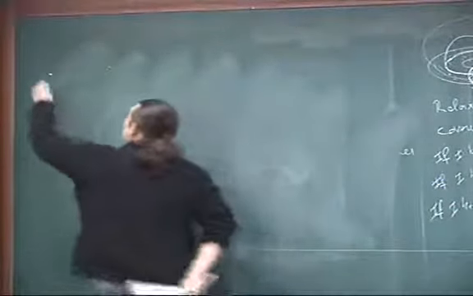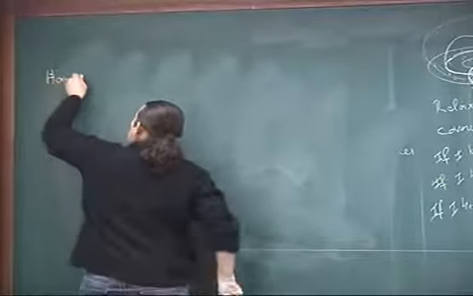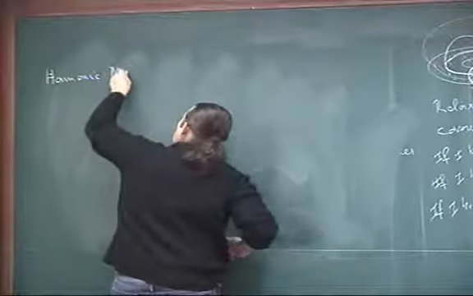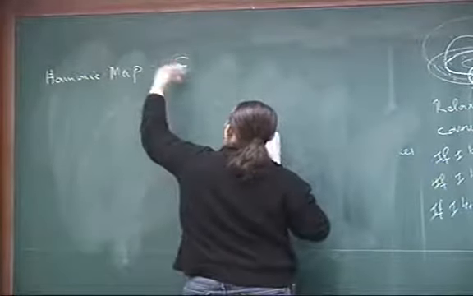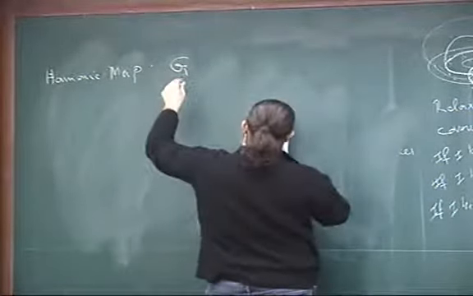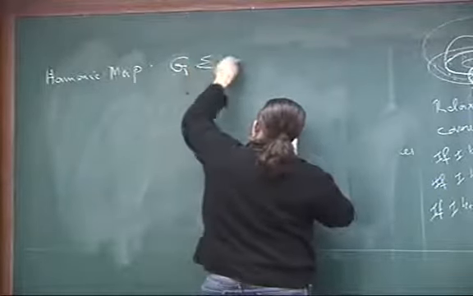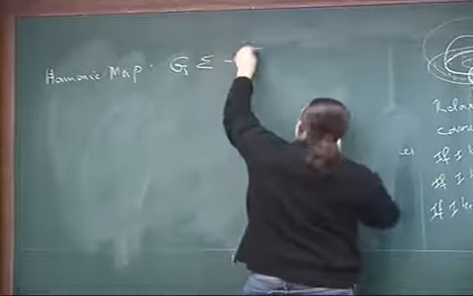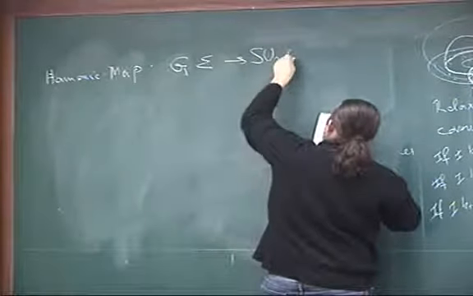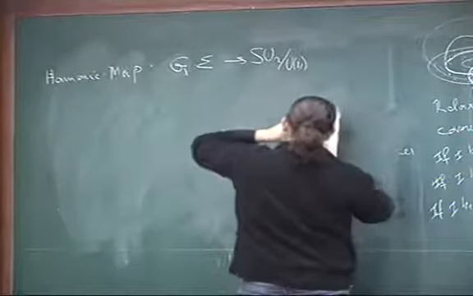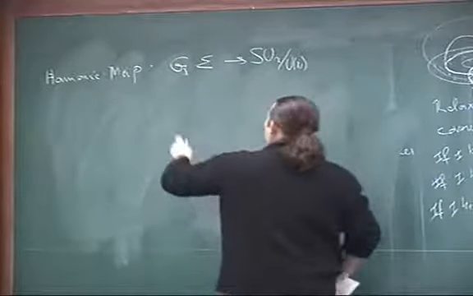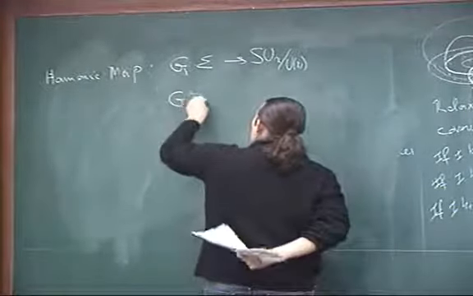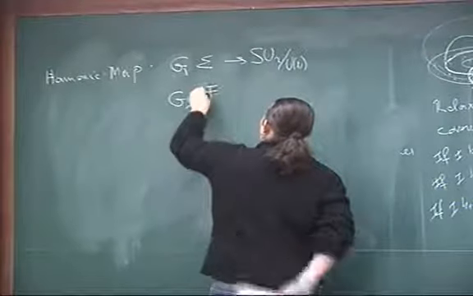I want to construct a harmonic map. Then I will refer to a parameter that I will explain after in U1, and G lambda will be of the form.